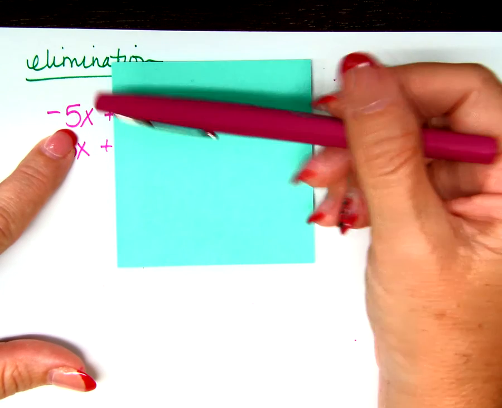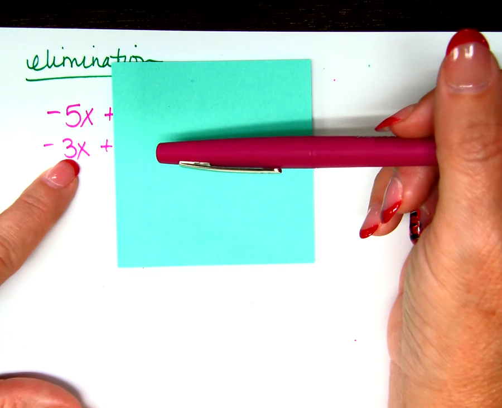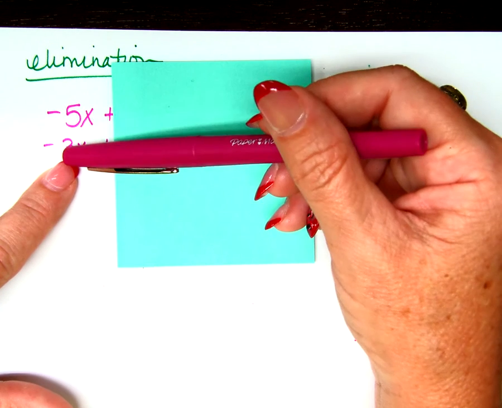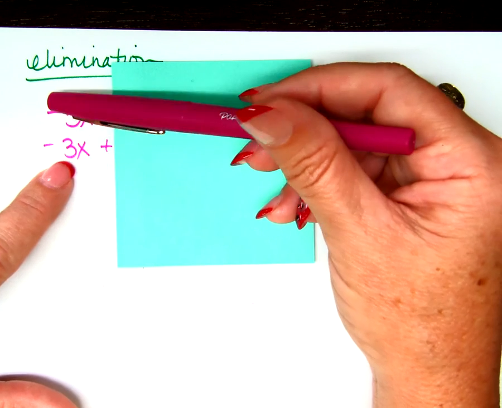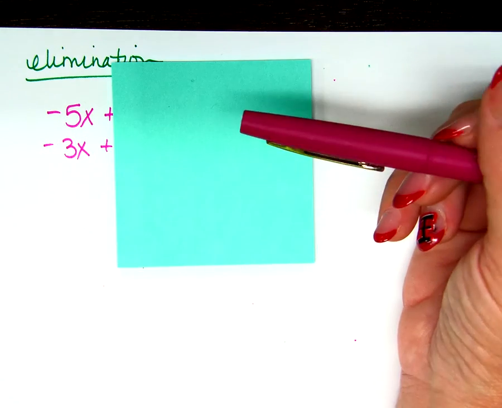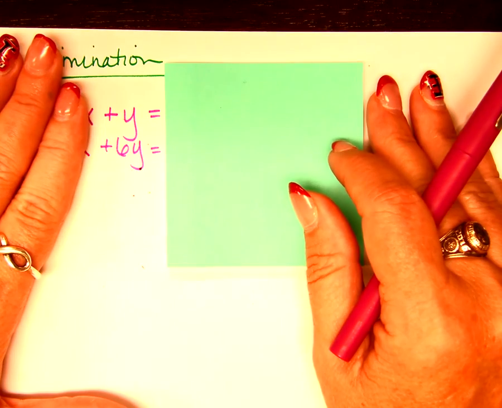What would I have to multiply this one by to make it become 15? 3. What would I have to multiply this by to make it become 15? 5. And I would have to have one of them be a negative because I need them the same number but opposite signs. And right now they're the same sign, aren't they? Does everybody understand that? So what if I tried to eliminate the y?